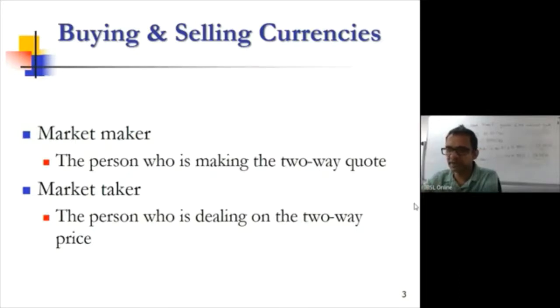As I mentioned, there are 2 parties, market maker and market taker. Market maker is the party who provides the quotes or quotes the exchange rate, not only exchange rate, any other price for any other financial instrument. It may be a stock, or a bond, or an interest rate. Whoever provides the prices or quotes, we call them market maker. The other party who acts on someone else's prices are called market takers.